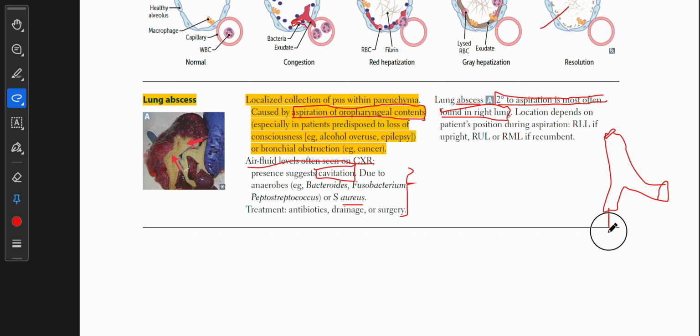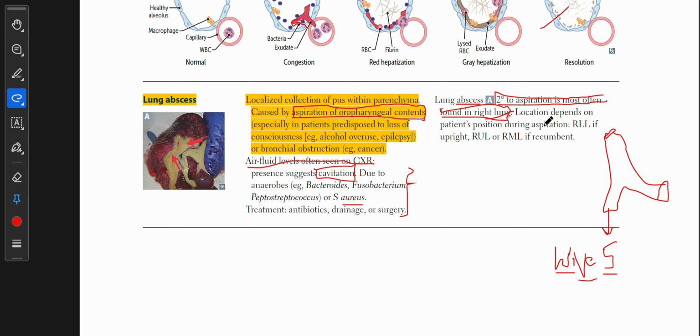Remember like this: vibes are always right, W-I-B-E-S. WI is wide, BE is vertical, and S is straight. So the right bronchus is usually wide, vertical, and straight, so it is very prone to infection. That is why aspiration is most often found in the right lung.